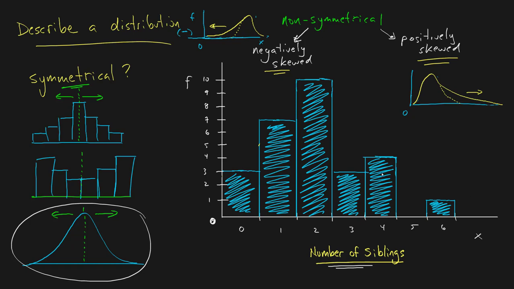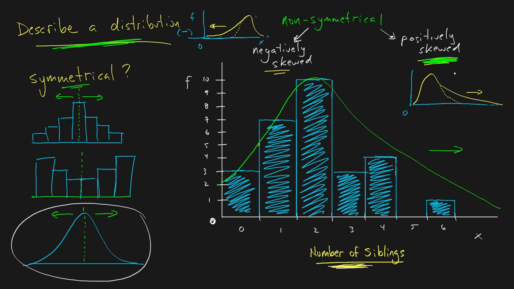So which one do we have with our number of siblings example? Well, I would say that this one looks very much like a positively skewed distribution because the tail pulls this way. So if I've been asked to describe this distribution, I would simply say that it is a positively skewed distribution.